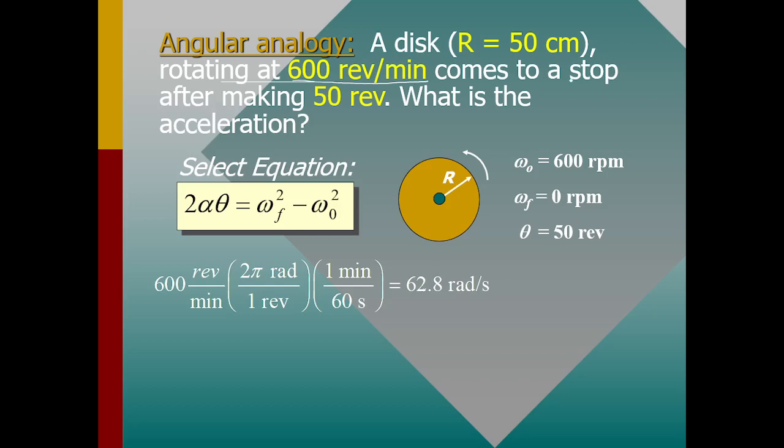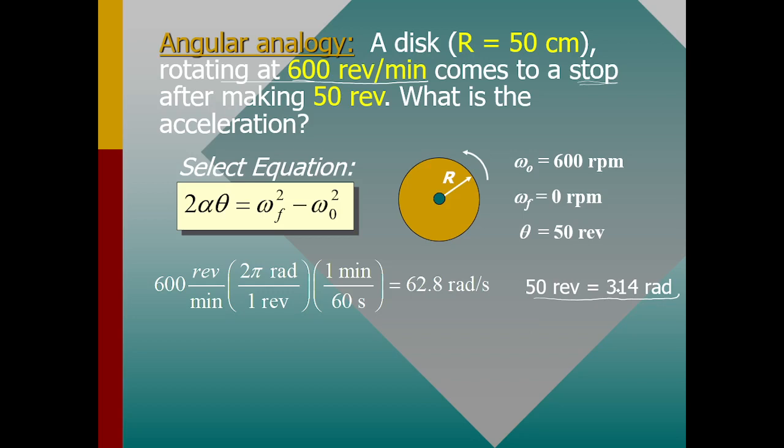Comes to a stop after making. So this comes to a stop, it means the final is 0. So 50 revolutions is equal to 314 rad. Here we are borrowing the knowledge from the first formula we were doing.